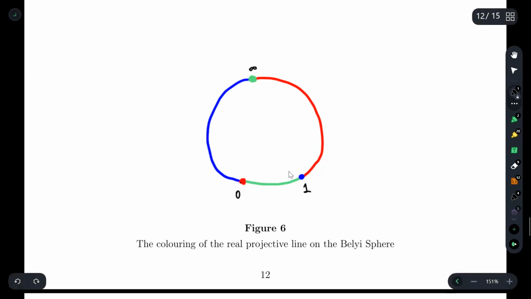So 0 is opposite of this red segment, and hence I am coloring 0 in red. This 1 is opposite to this blue side, and hence I am coloring it in blue. And infinity is opposite to this green segment, and hence I'm coloring infinity in green.